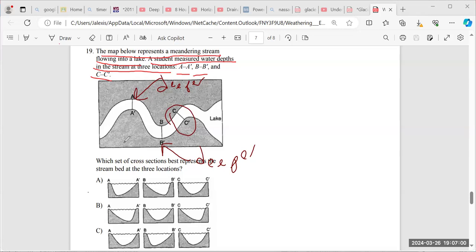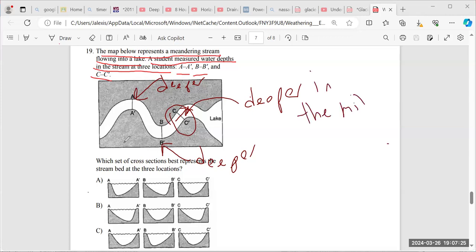This part of the stream right here is actually straight. So that means the deeper part of the river for C to C prime is actually going to be in the middle. The deeper part of the stream is going to be deeper in the middle for C to C prime.